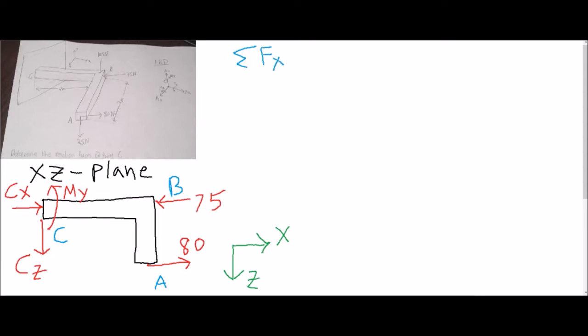So to start, sum of forces in x equals 0. Statics problem. If we look in the x direction based on the coordinate system at the bottom, we see Cx is in the positive direction, as well as the 80, and then the 75 is in the negative direction. So solve for Cx, we get negative 5 newtons. Oh, great.